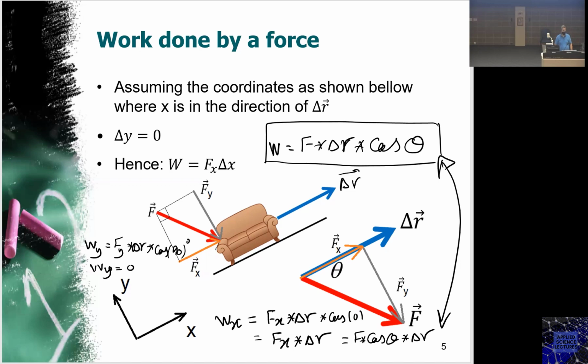Either way is going to give you the correct answer. But the intention here is to demonstrate to you the meaning of this cosine theta. The meaning of this cosine theta is to find the effective component, the value that is responsible for producing that work. Is that clear?